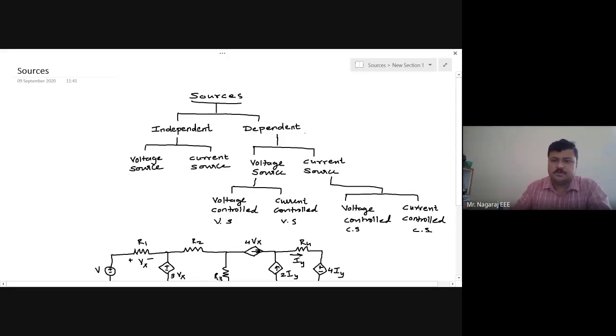In dependent sources, the controlling parameter is either voltage or current.